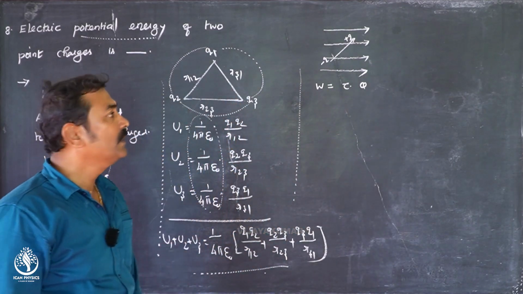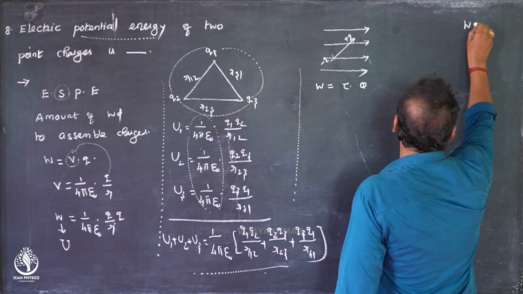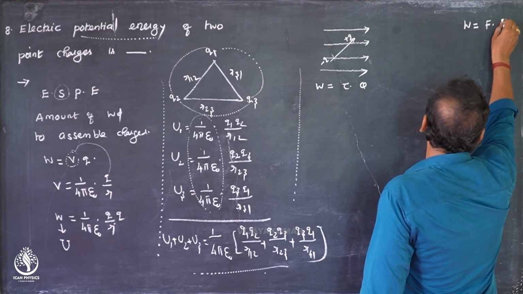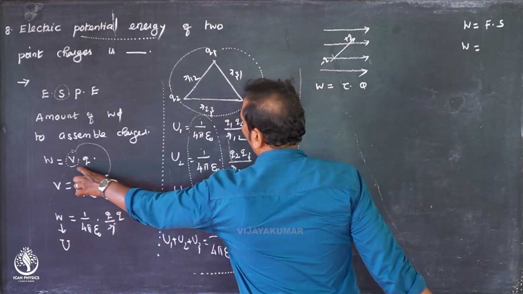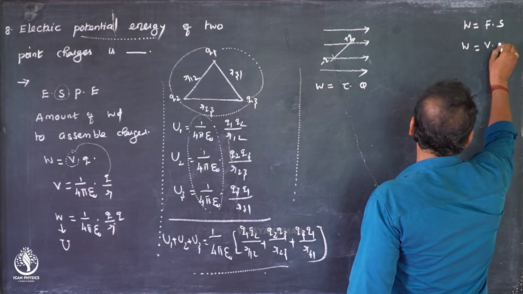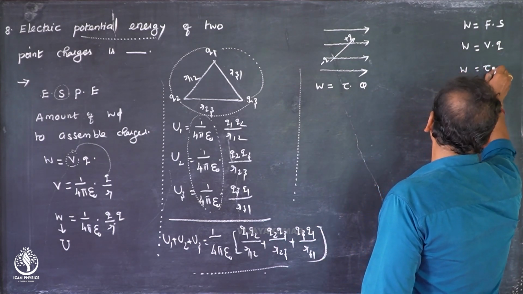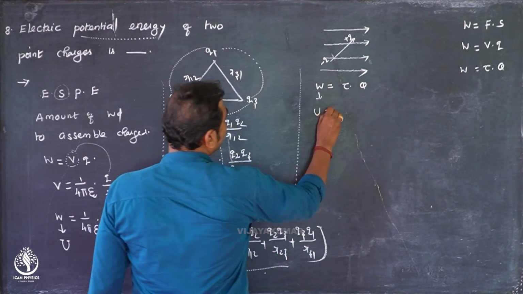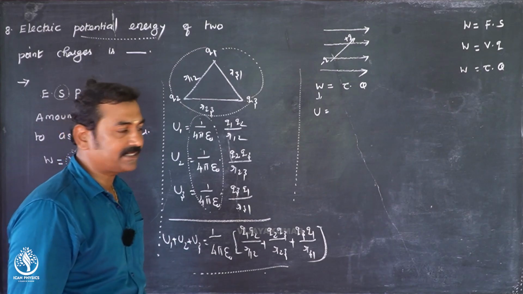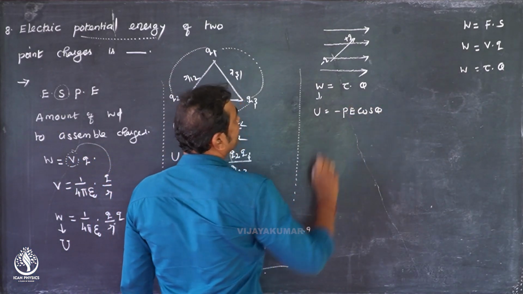In general, work done equals force into displacement, or potential into charge. Now the work done equals tau into theta. The work done is saved as energy, that is, electrostatic potential energy. Finally we get minus PE cos theta.